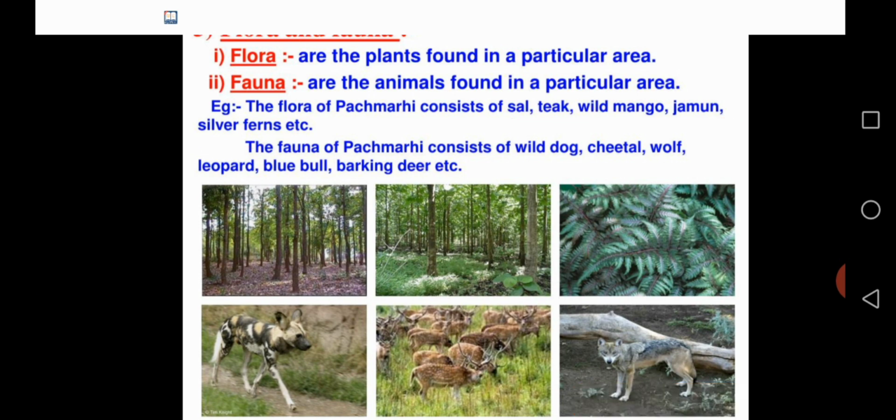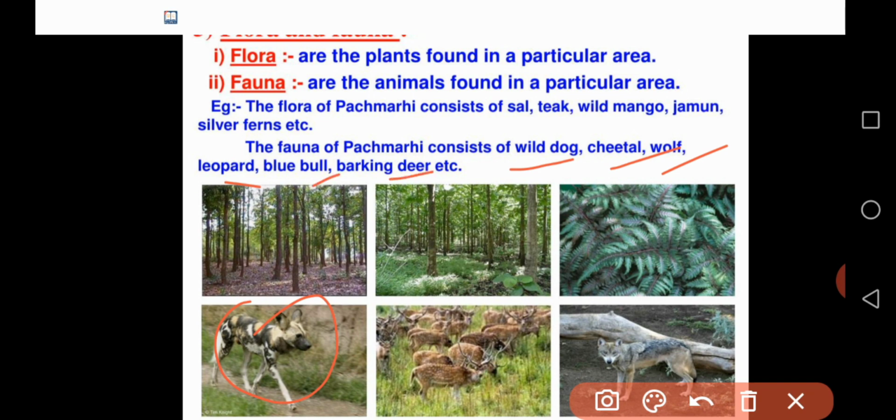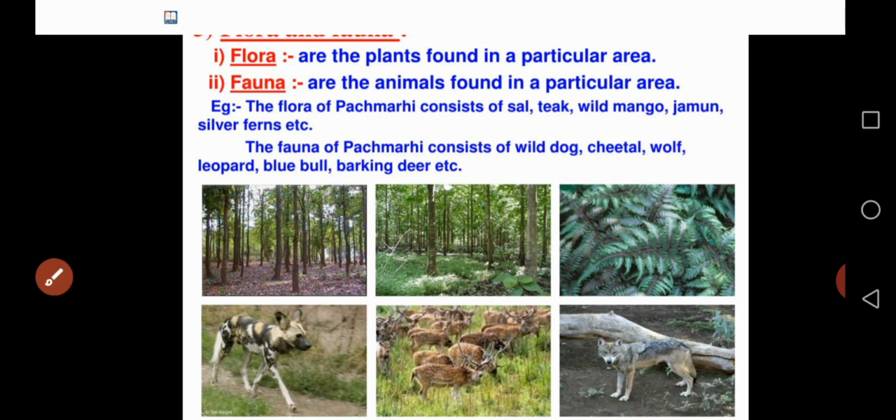Similarly, the fauna, that is animals, found in Pachmarhi consists of wild dog, cheetal, wolf, leopard, blue bull, barking deer, and some other animals, mainly in Pachmarhi of Madhya Pradesh.